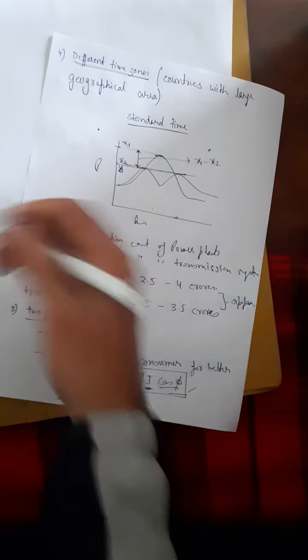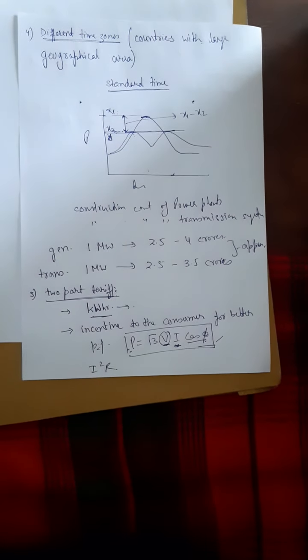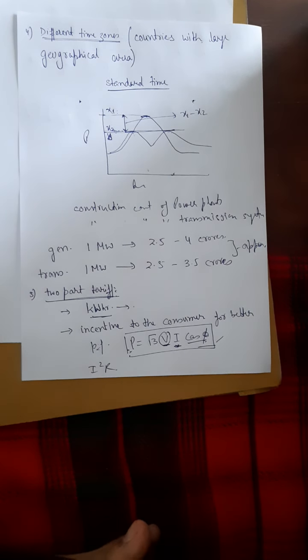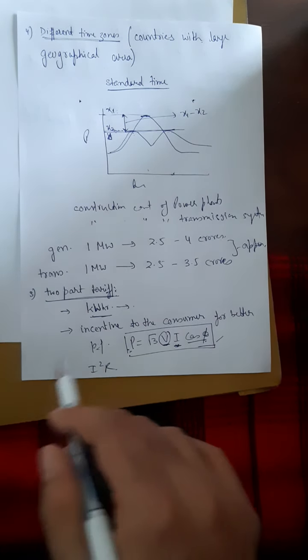Staggering of time in offices and different time zones, the funda is the same in both cases, that is point number 3 and 4, because in both cases we are trying to ensure that the maximum demand occurs at different time intervals. Okay, so next is plant capacity factor.